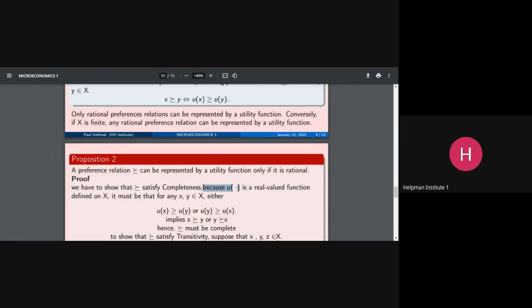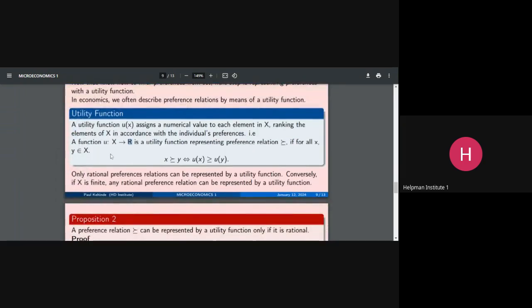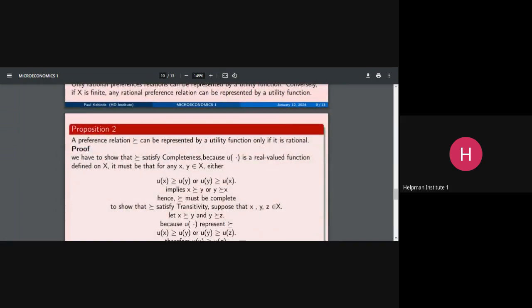It means that I have a utility function that is defined on a set X. The items in that set are mapped to real numbers. So U is a real-valued function on X, which is what I'm repeating here.